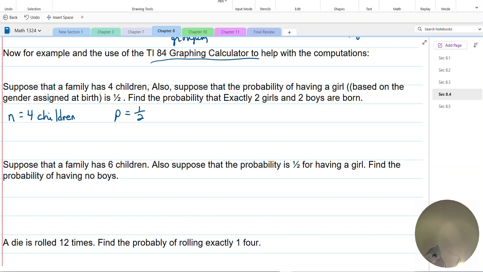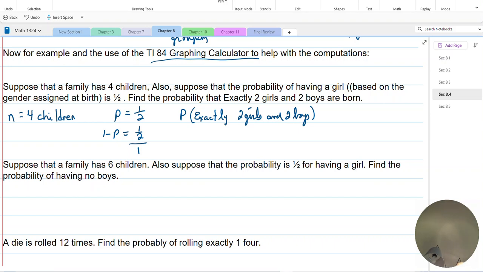We want to find the probability that exactly 2 girls and 2 boys are born. All right. So it's success or failure, and they're both a half. 1 minus p is also 1/2, because this must total to 1.